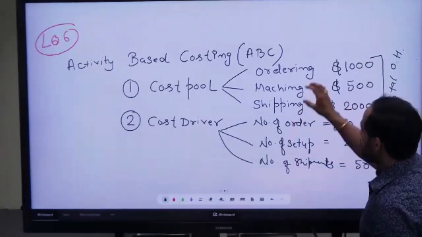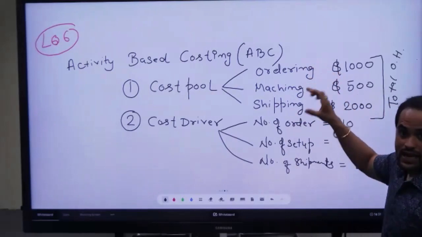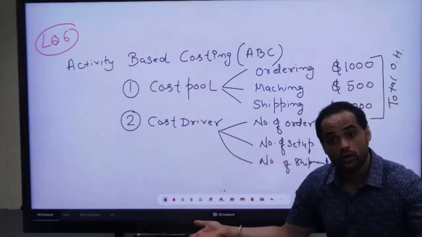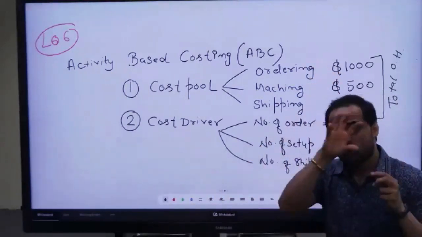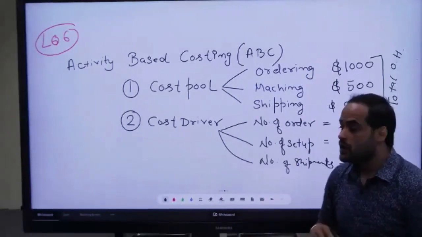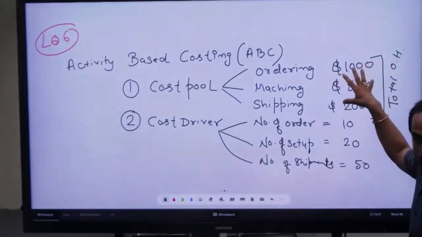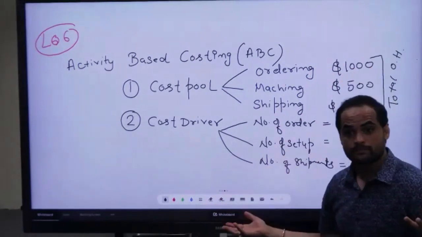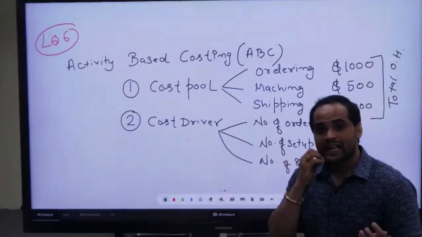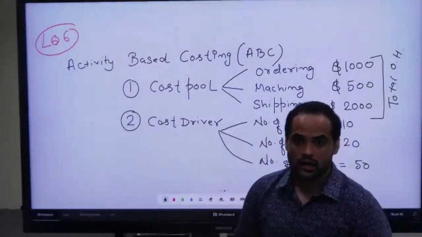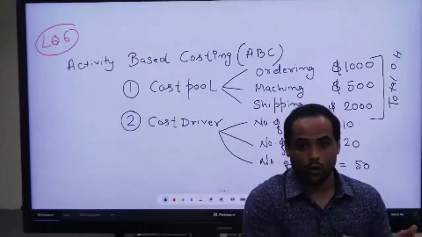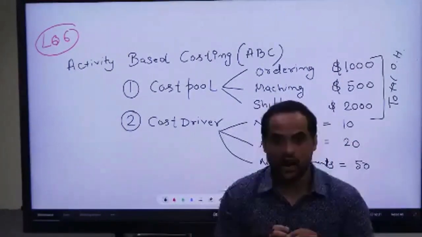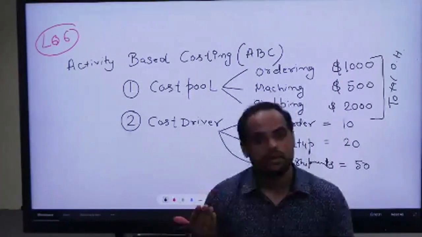So that's why we have particular categories, and each category is also called a cost pool. Cost pool means category, the cost of a particular category. If you add them all, it becomes your total overheads, right? So in my total overhead, what kind of cost is involved? We have to find out when we apply activity-based costing.